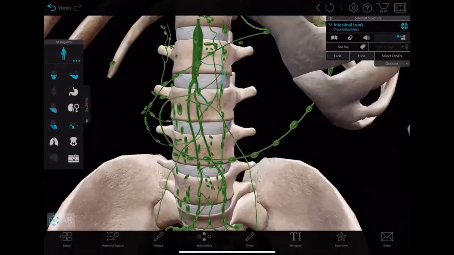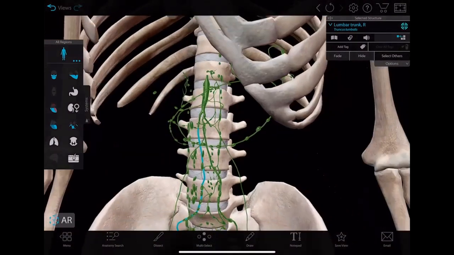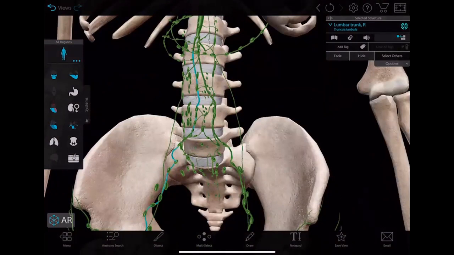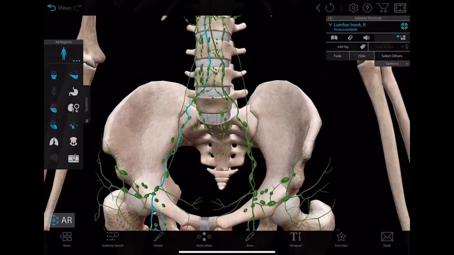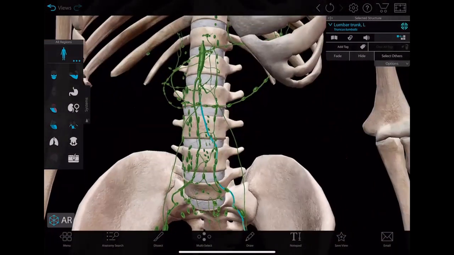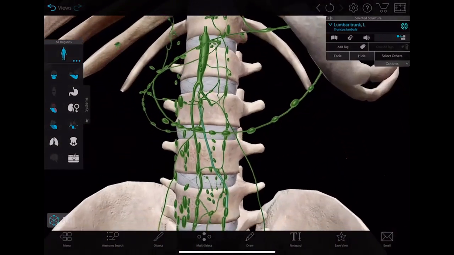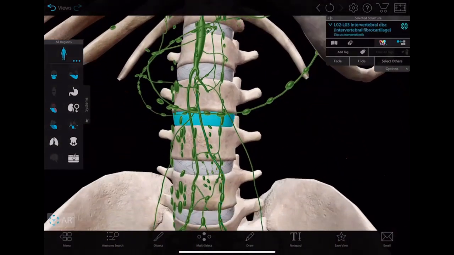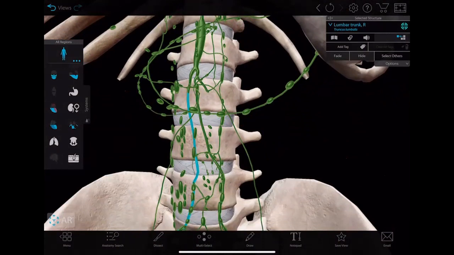So these are the lumbar trunks. This is the right lumbar trunk, and the selected structure is the left lumbar trunk.